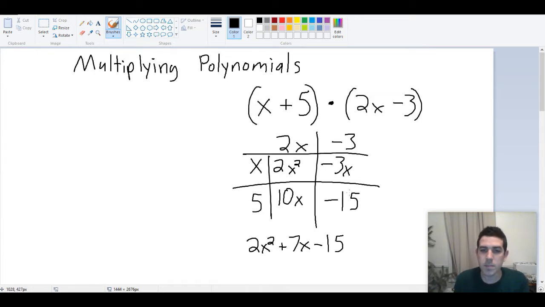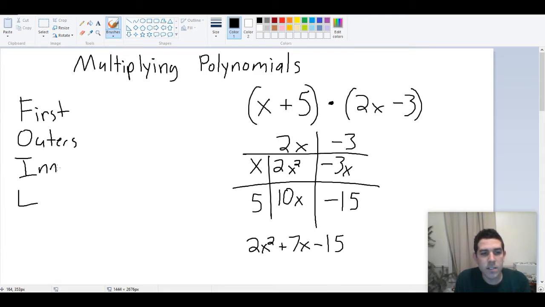Now if you don't like the box method, another very famous method is called FOIL. You may have heard of it before, you may have seen some math posters. Basically, FOIL stands for first, outers, inners, and lasts.